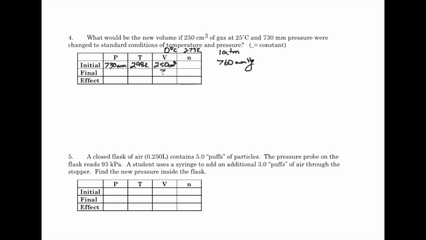And so what that means then is we're holding the number of particles constant, right? So we are changing to standard pressure, which is 760 millimeters, and 273 Kelvin. Now, when you have multiple variables changing, a particle diagram doesn't really do you any good, and you really need to rely on the graphs, right?